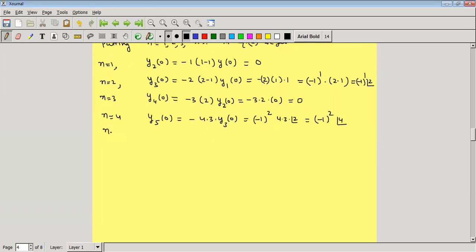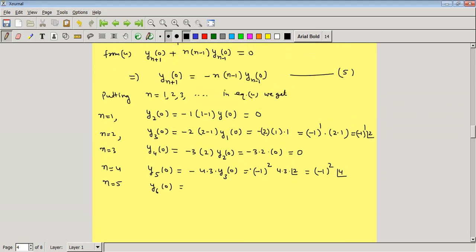Next, for n equal to 5, y6(0) is equal to minus 5 into 4 into y4(0), and y4(0) equal to 0. So y6 equal to 0. So what we observe is that all even-order derivatives are 0. Now for n equal to 6, y7(0) is equal to minus 6 into 5 into y5 at 0, and y5 at 0 is minus 1 squared into 4 factorial.